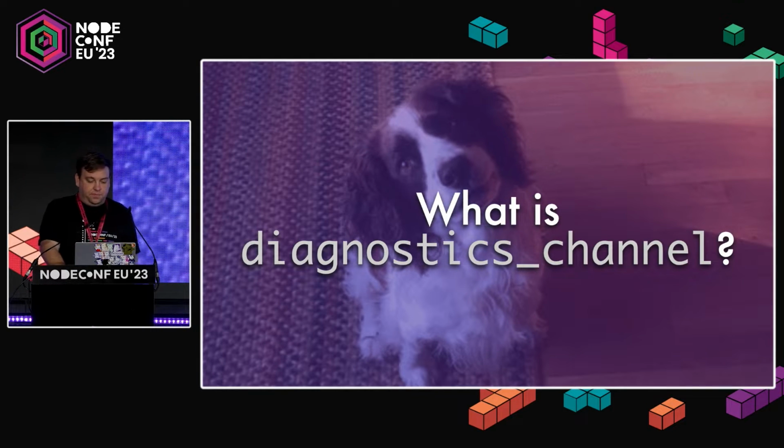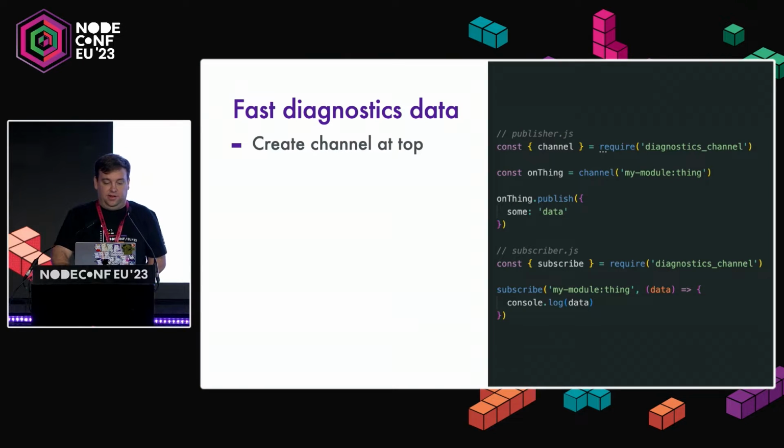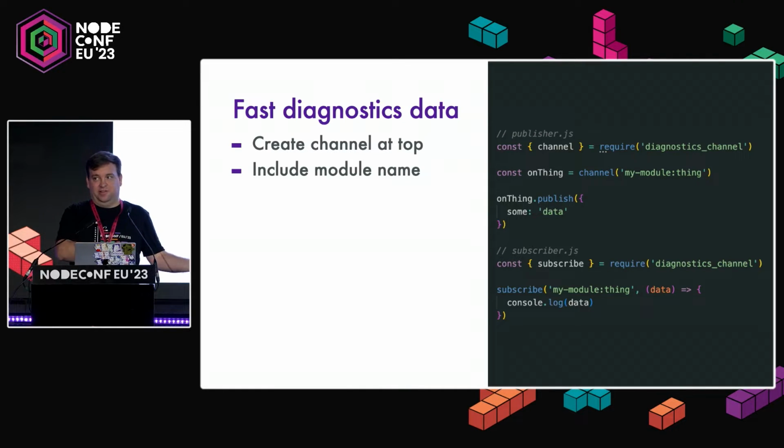So first of all, what is Diagnostics Channel? You have this API that's sort of like an event emitter, except you create this channel object ahead of time, and you should generally include your module name, because this is a global namespace, so all channels across everything are going to use the same namespace. So put your module name in there, please, so you don't collide with someone else.